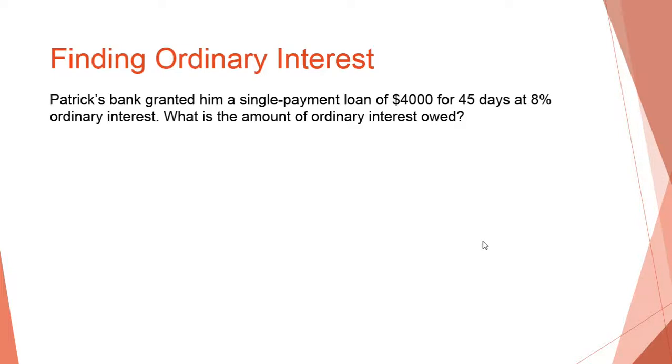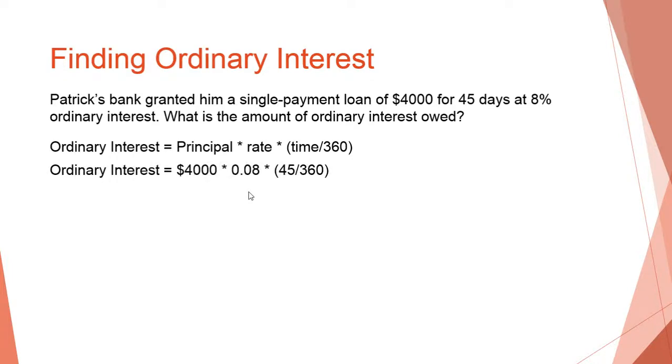So let's go over an example. Patrick's bank granted him a single payment loan of $4,000 for 45 days at 8% ordinary interest. What is the amount of ordinary interest owed? So we're finding interest. We're going to use principal times rate times time divided by 360. So we plug in everything we know.